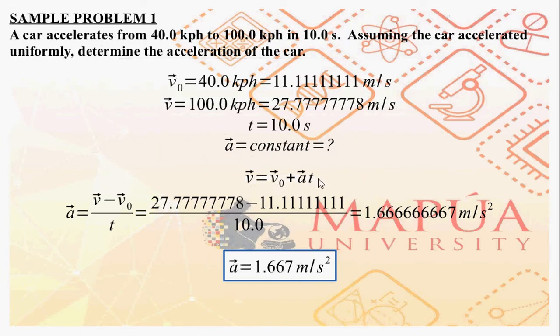If you look at the known values, you know the initial velocity, you know the final velocity, you know the time. The only unknown is acceleration. So it's just a matter of isolating the acceleration a, plugging in the values, and you'll be able to calculate that the acceleration of the car is 1.667 meters per second squared. Okay, so please be careful with your units. Acceleration unit is meters per second squared.